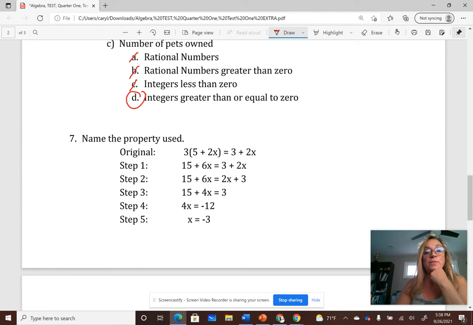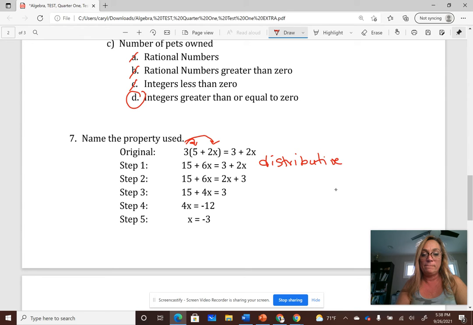All right, so name the property used. So to go from here to here, I'm going to use the distributive property. So the first line, I'm going to write distributive property. Okay. Then I have to look, and it looks like the 2x and the 3 switched places.